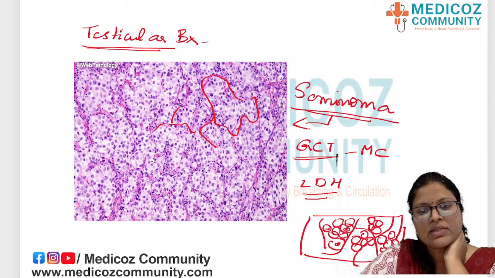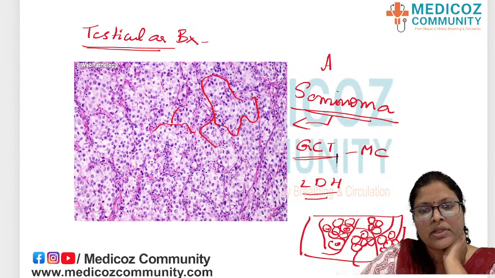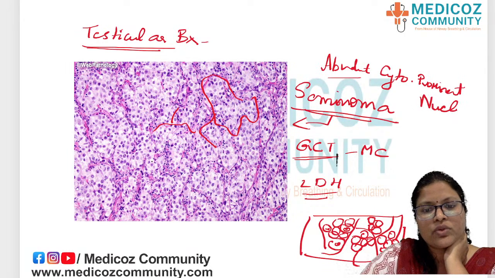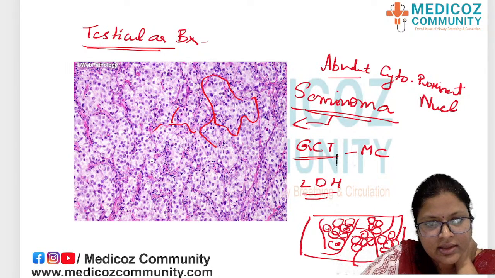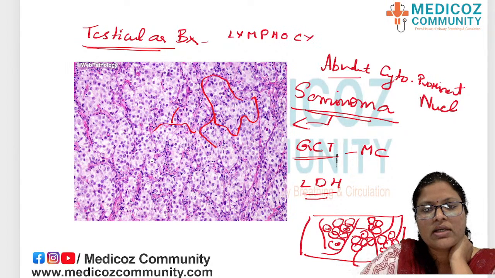You have these cells with prominent nucleoli and abundant cytoplasm. Again, a very important feature is abundant cytoplasm with a prominent nucleus and nucleoli. Along with this, are you seeing there are some dark dots? They are nothing but your lymphocytes.